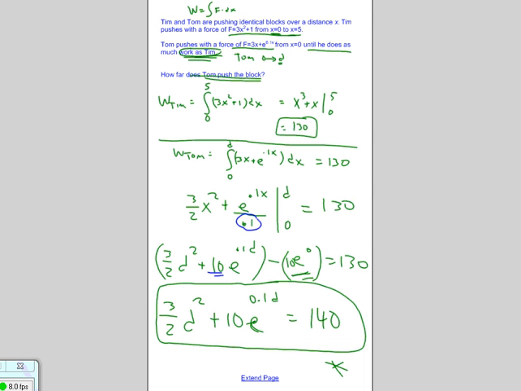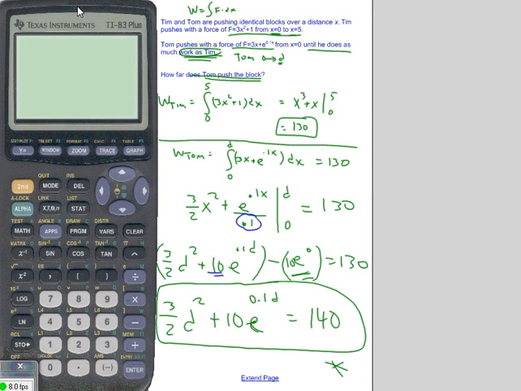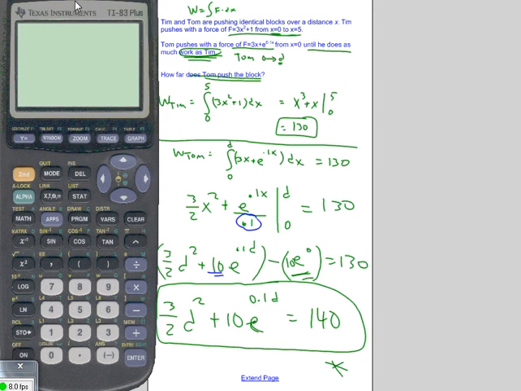but we could just plug that into a calculator and use our intersection button to see where that equals. So just to show you what I'm talking about, get our calculator out. If you have an Inspire, you would just use the solve button using this calculator. Let me get this set up.